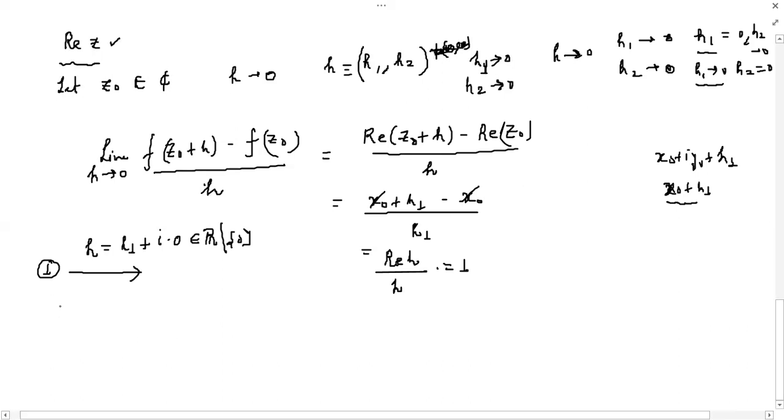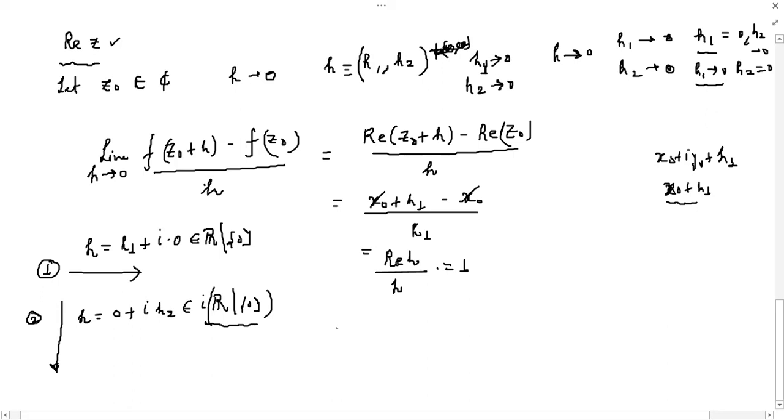Now, what if I don't approach this way, but along the imaginary axis? Along the imaginary axis, H would be 0 plus iota H2, belonging to purely imaginary numbers, a purely imaginary entity which is tending to 0.